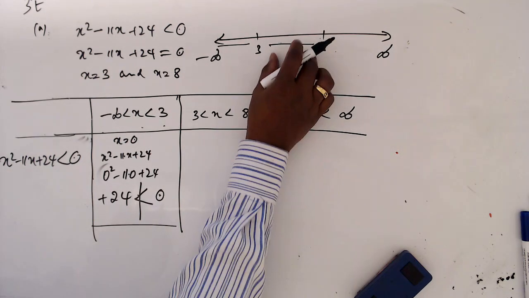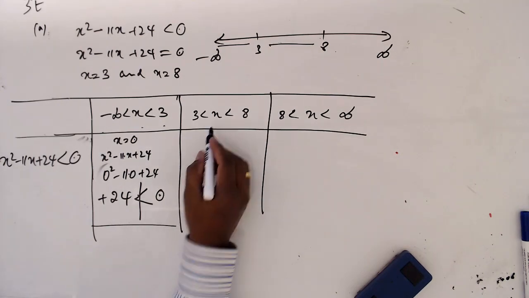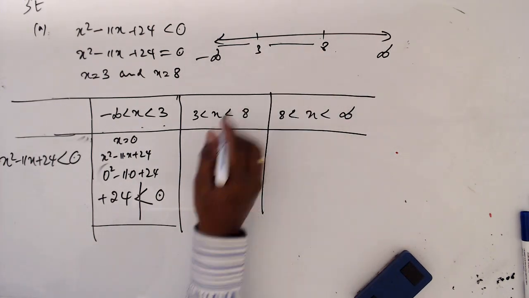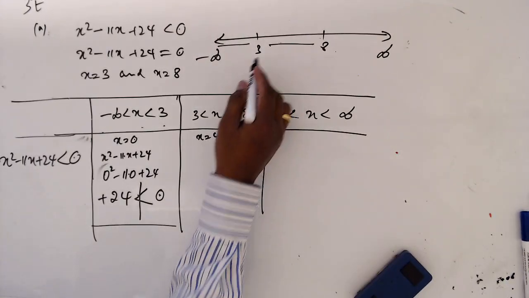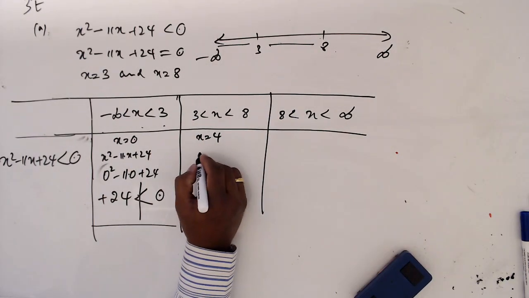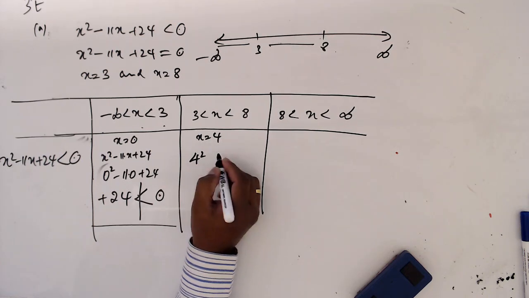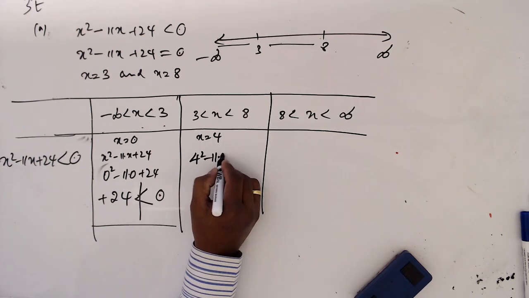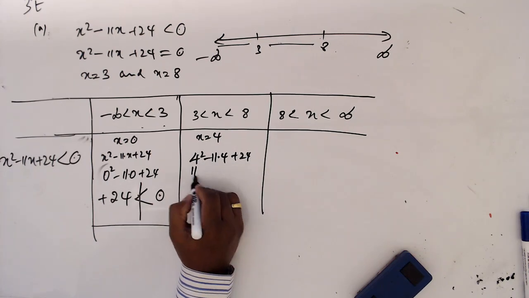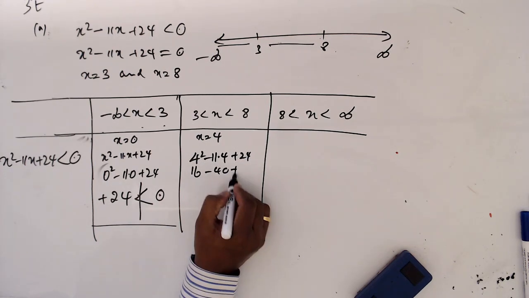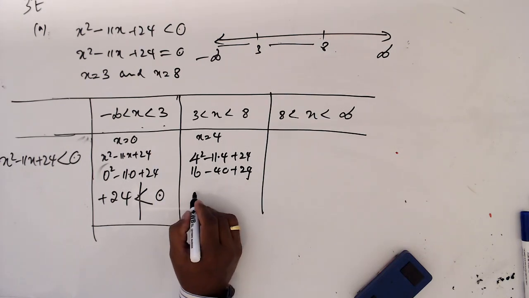Now we'll go to this area, any number between 3 and 8. I'll pick x equal 4. Then 4 square minus 11 times 4 plus 24 is 16 minus 44 plus 24, which is minus 4.